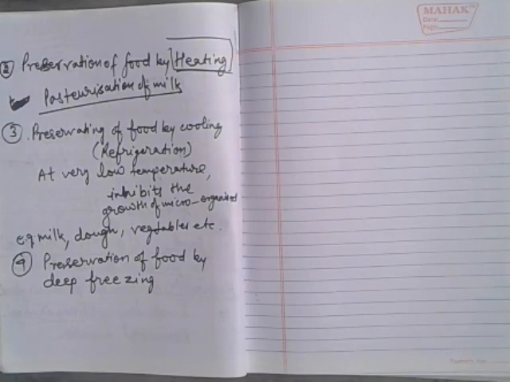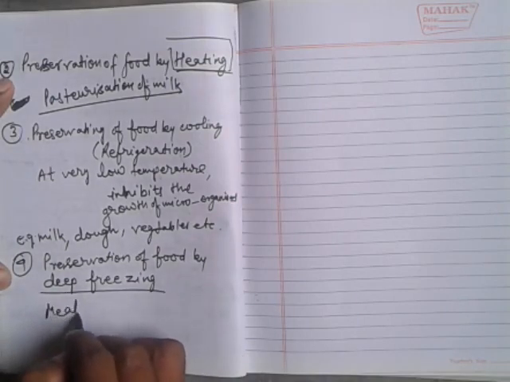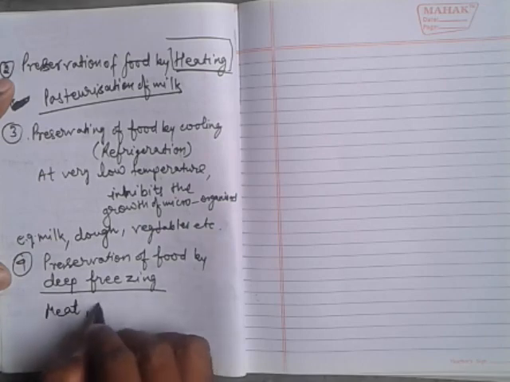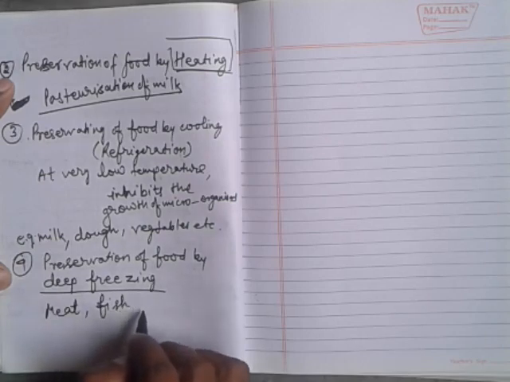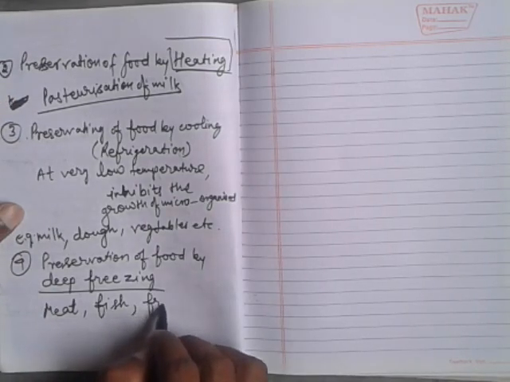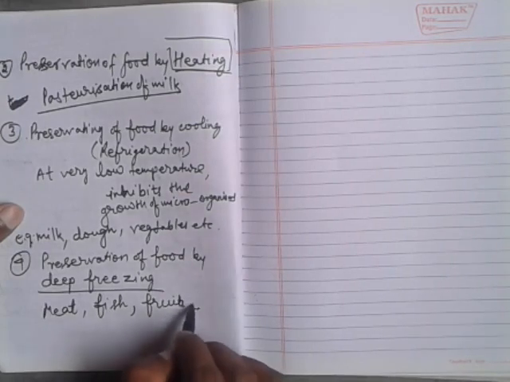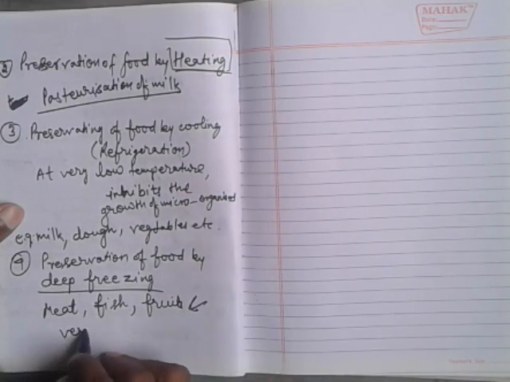The deep freezing method is used for the preservation of food like meat, fish, fruits and vegetables.